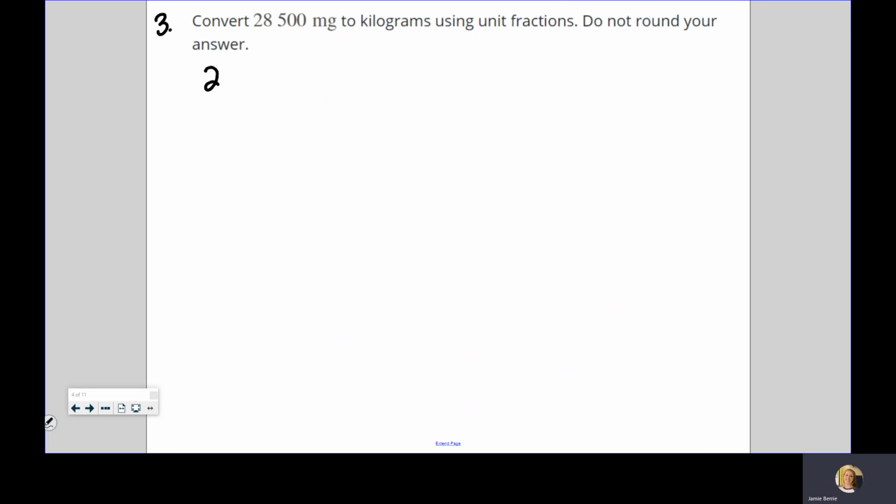And I'll write the simplified way here. 28,500 milligrams equals blank kilograms. As the homework has it worded, it says convert 28,500 milligrams to kilograms using unit fractions. Do not round your answer.